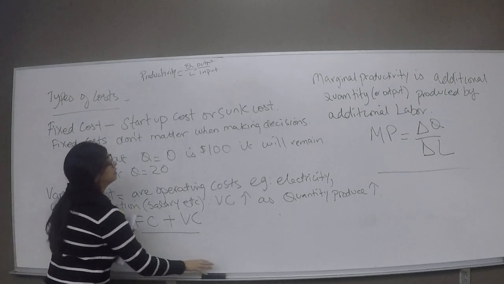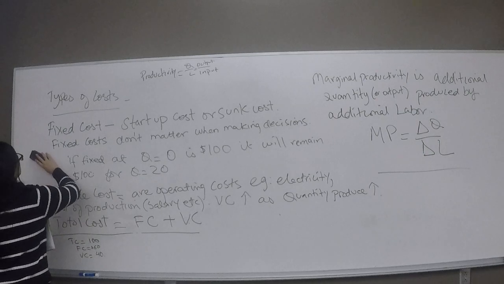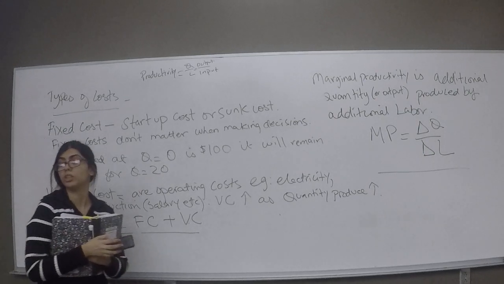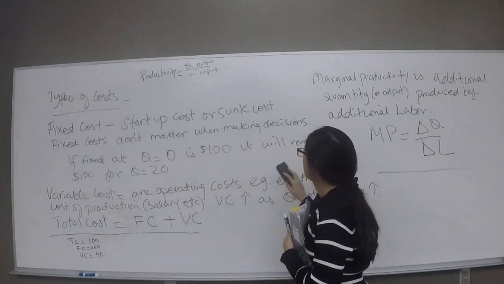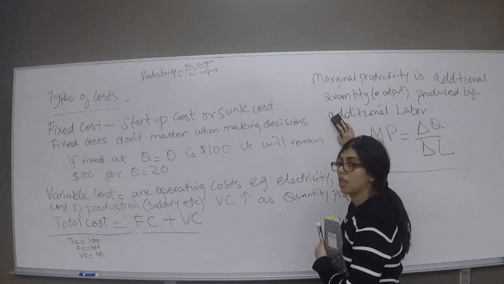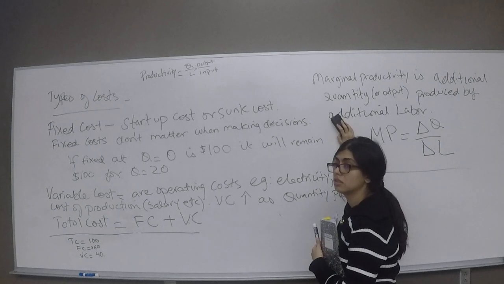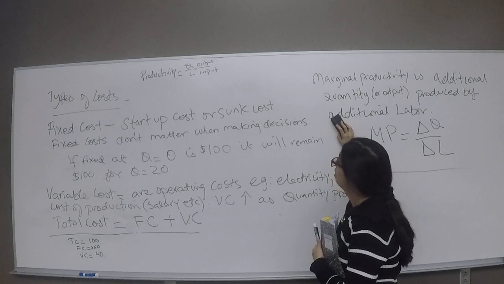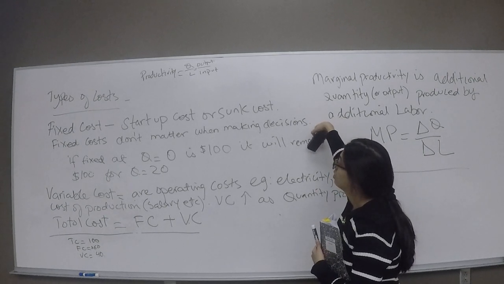Okay, you have a question? Yeah, I think I worded my other question weirdly. Could you explain what you meant by the second part, like, it will remain 100 for Q equals 20?